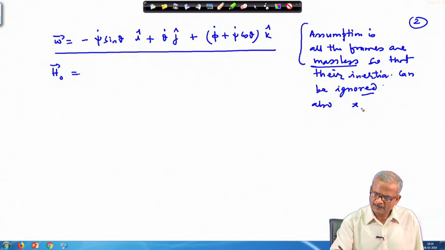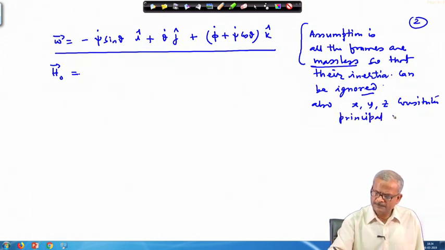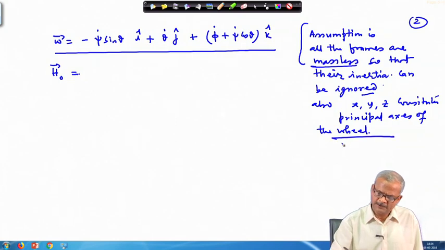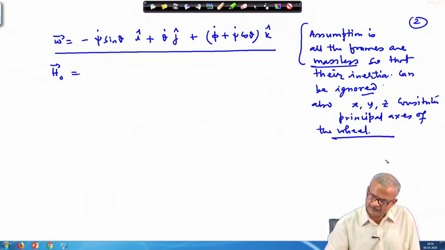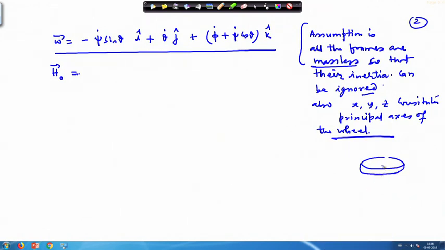Also, x y z constitutes the principal axis of the wheel, because here we are going to use one fact: if I put axes like this, say x, y and z, my wheel can keep rotating, but I x and I y will not change.